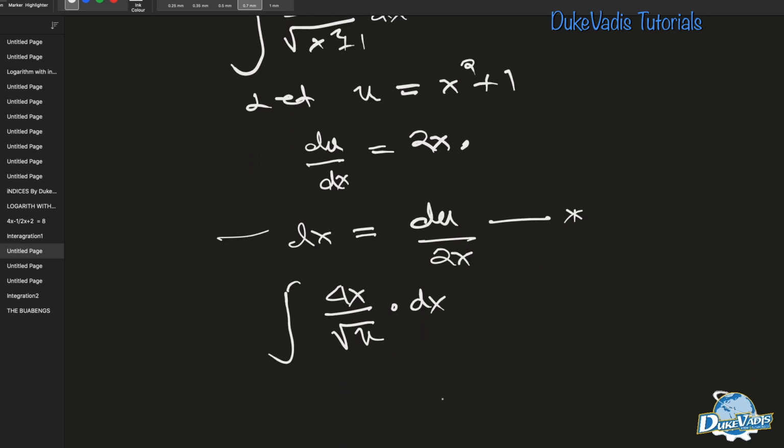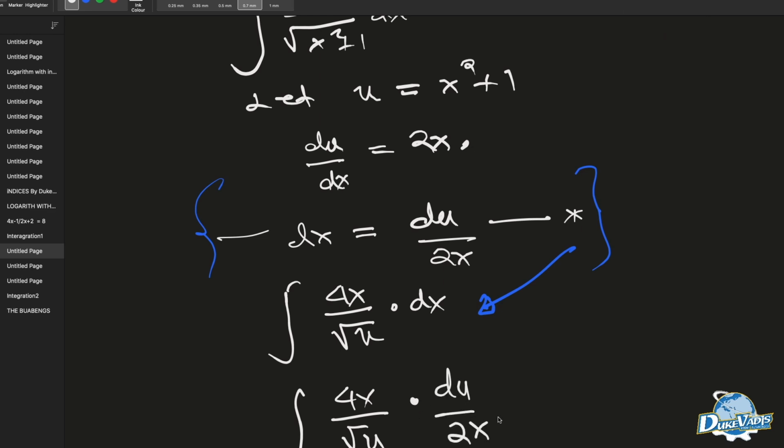Which one is our dx? Our dx, as we can see clearly, is this. So we substitute this back in. Our integral then will be 4x over the square root of u multiplying du over 2x.